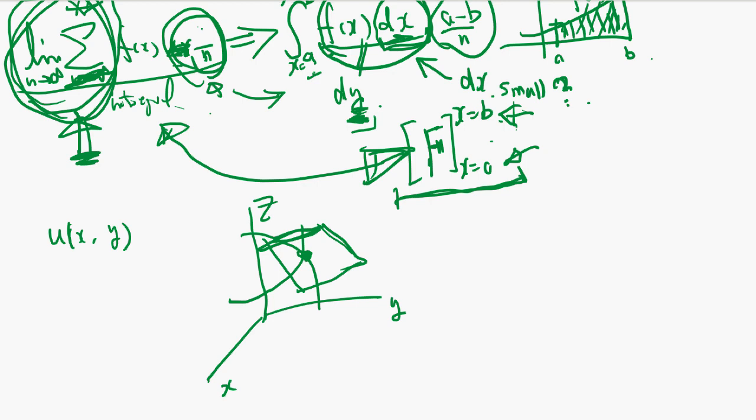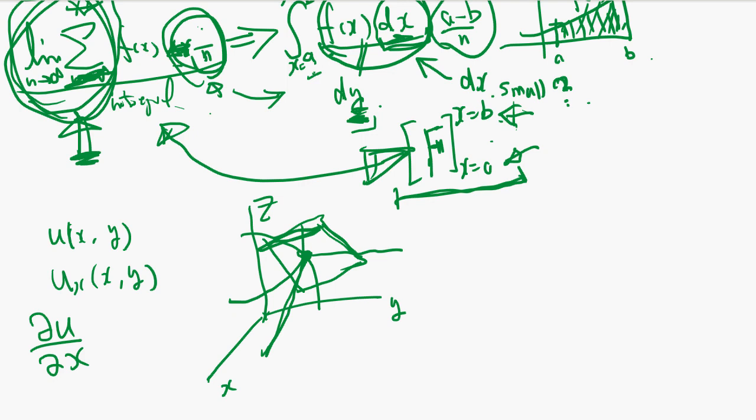Since this is a two-variable function, you cannot take a derivative arbitrarily. You make a line from this point parallel to x and parallel to y. The derivative along this line is going to be written as du dx.